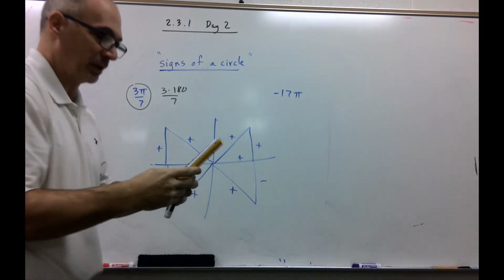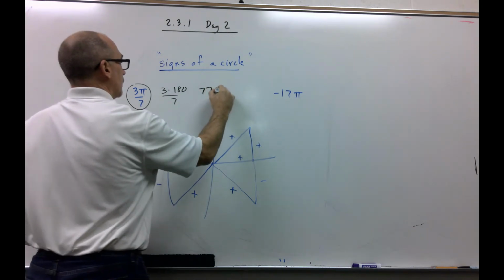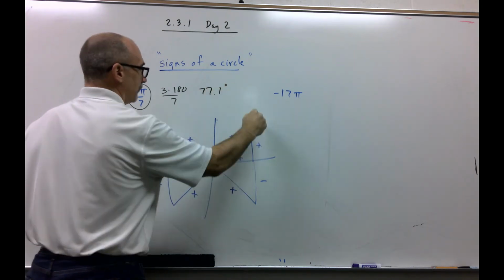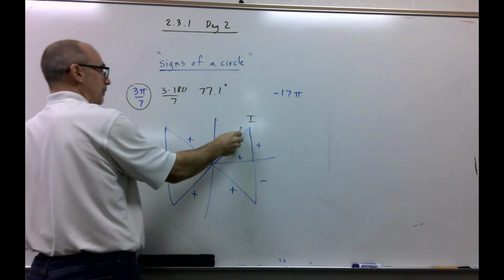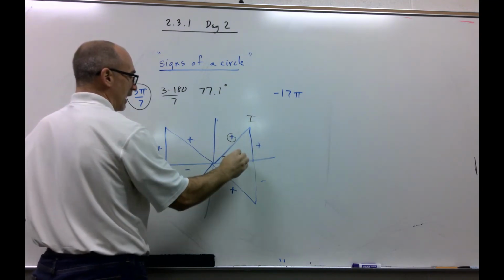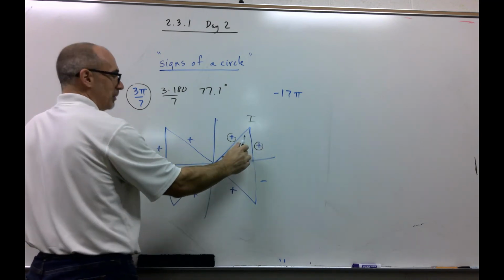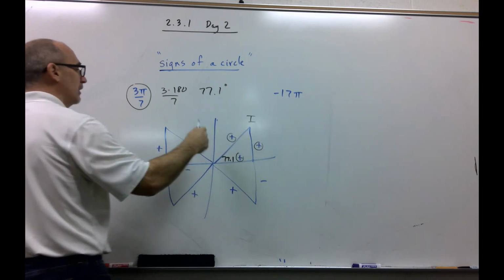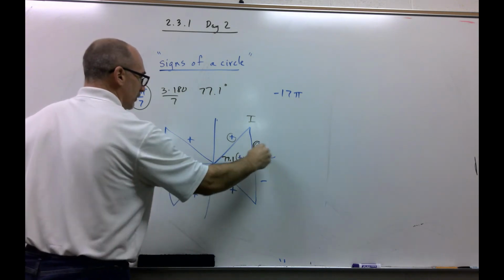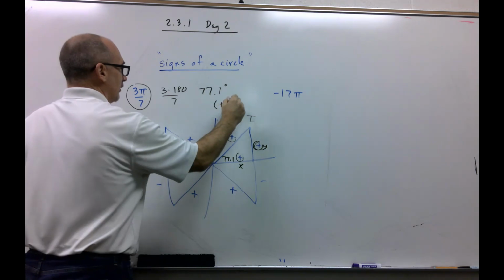I'm spinning my spinner 77.1 degrees. That means I'm in the first quadrant. So if I go up somewhere in here, 77.1 degrees, all my signs are positive. So sine would be positive, cosine would be positive, tangent would be positive. Here's my x value, here's my y value, that's going to be positive, positive.